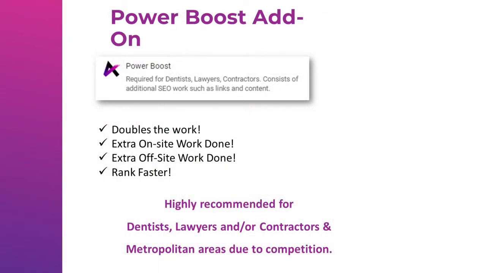Now, the third add-on, which has some questions at times, which is why I want to be very specific, is called a Power Boost add-on. Now, there's no time where a Power Boost add-on is a bad idea. What this does is it sticks with the current program. Let's say it's a base, 7 keywords and 1 geo, and it doubles the work. So why would we do this?